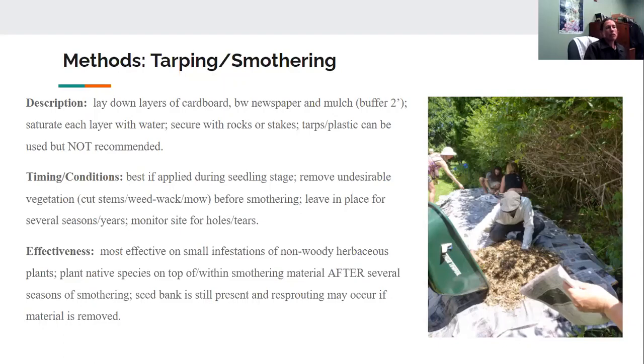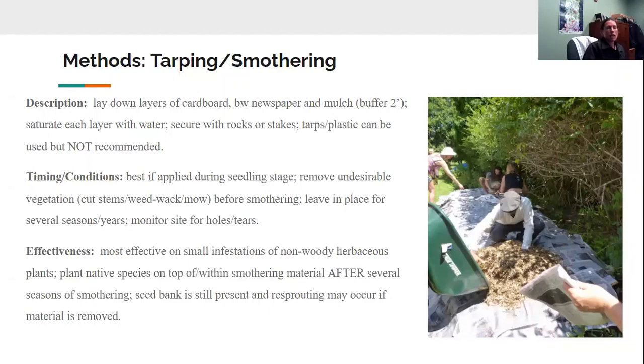This is most effective on small infestations of non-woody herbaceous plants. It would take a very long time to try and smother a woody plant. And to increase the effectiveness of this method, planting native species on top or within the smothering material after you've smothered the plants provides additional competition to the plants that you're trying to smother with the underground roots.